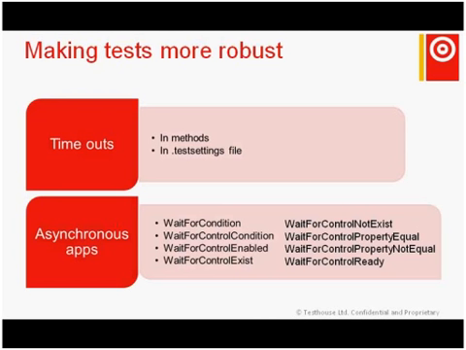We can wait for controls to become available or controls to disappear. We can wait for particular values on controls. And the first one, wait for condition, is a generalized method which allows us to check many conditions simultaneously, to wait on the first of any of several different conditions.